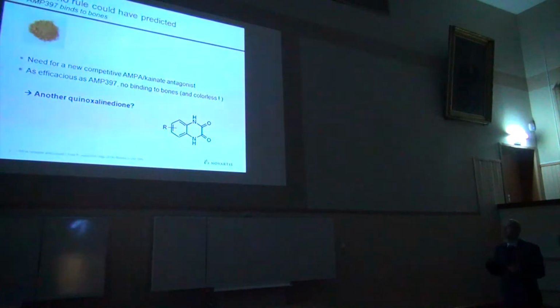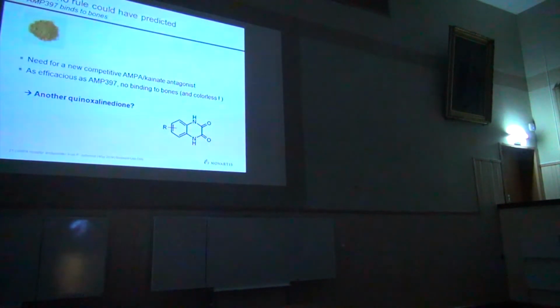We considered this unacceptable, and we decided to look for another molecule that would have the same properties as AMP397, so be a strong competitive AMPA kinase antagonist, as efficacious in vivo as AMP397, but without binding to bones, and of course being colorless ideally to avoid any potential problem linked to color.